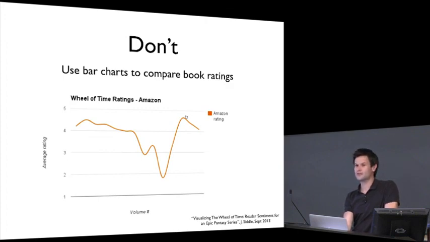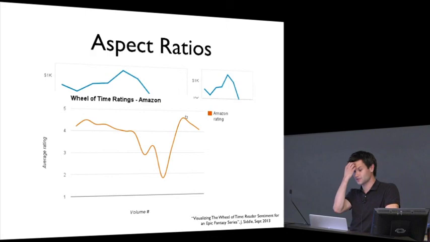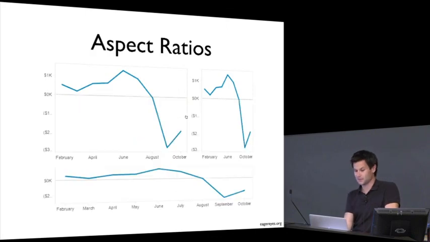But again, there is no reason to connect it because the volumes are not a continuum. You could sort it, but unless the volumes appeared, say, once a year, and I'm sure that was not the case, that's not a continuous axis. So there is no reason to connect these different volumes.